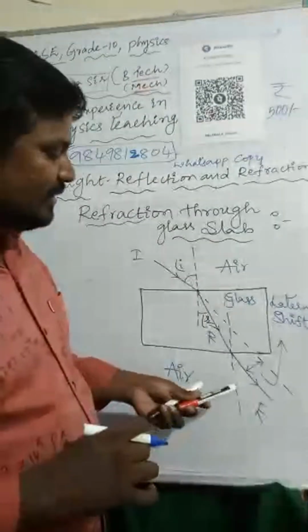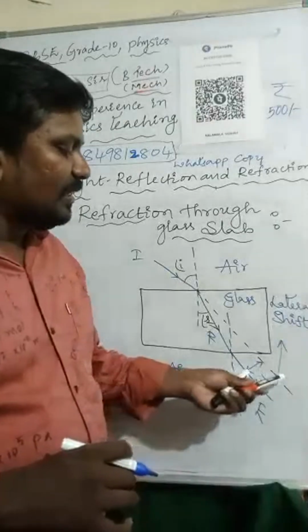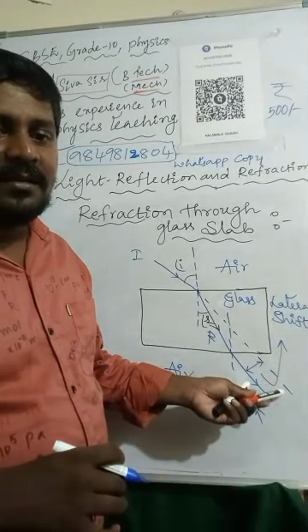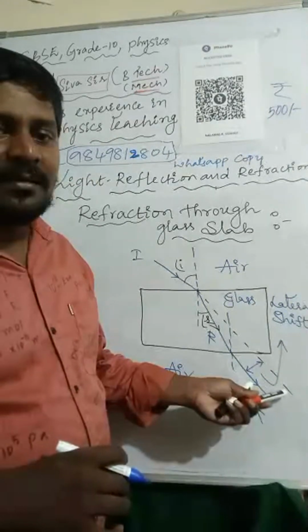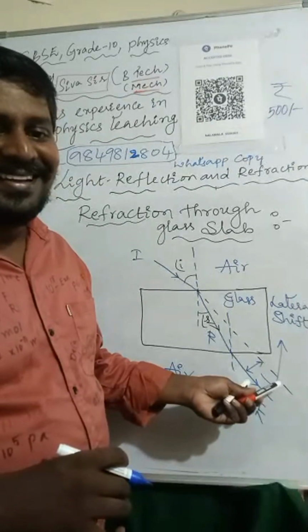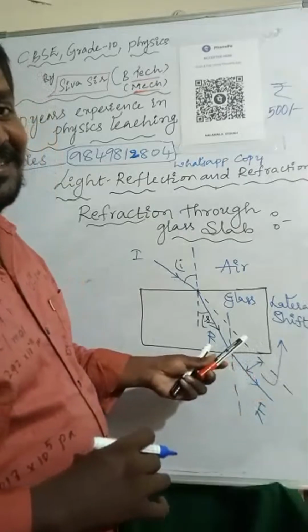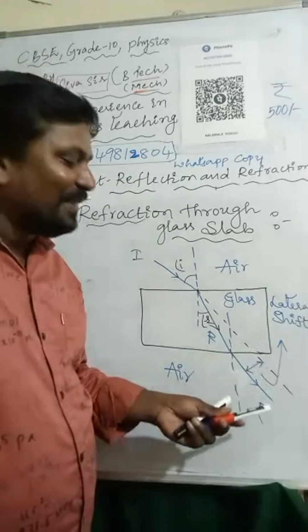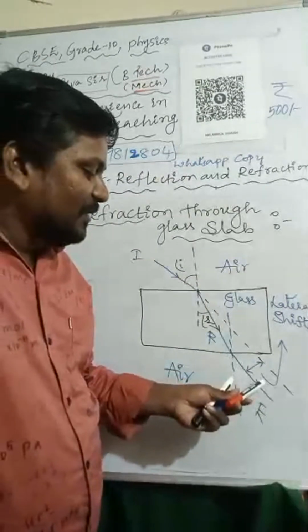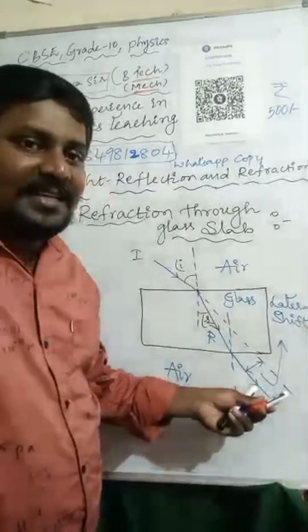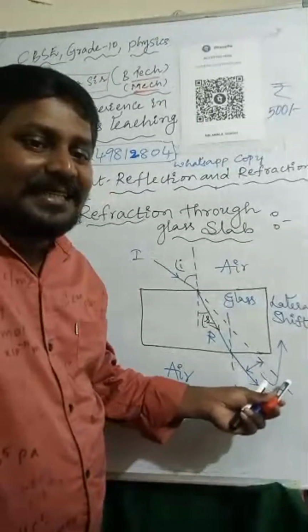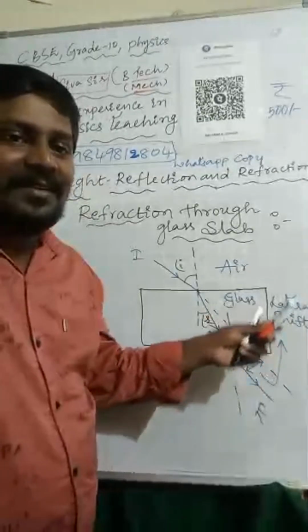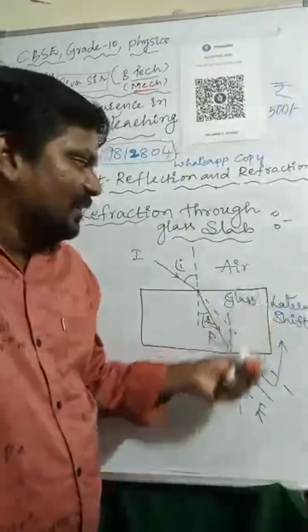Lateral shift is the distance between the emergent ray and your extended incident ray.